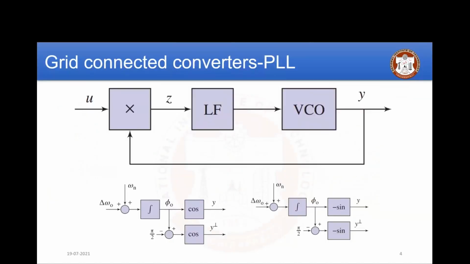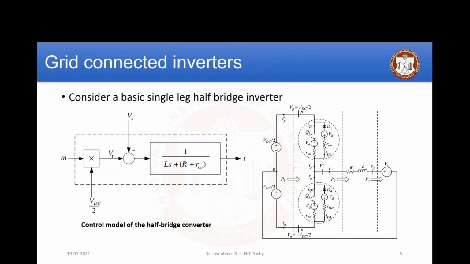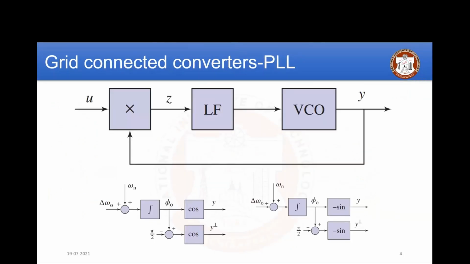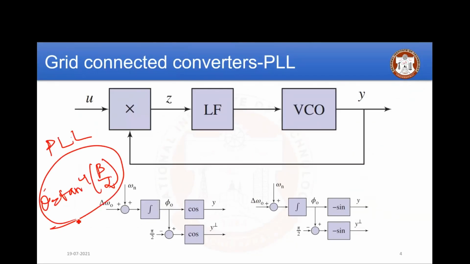It is going to track your actual output. This is one method. But there is one more thing called phase lock loop. Finding theta, where theta is equal to tan inverse beta by alpha, is not a phase lock loop. It is a basic method. If all the phases are balanced and they have uniform magnitudes, there is no jerk in them, then you can find the theta from them.